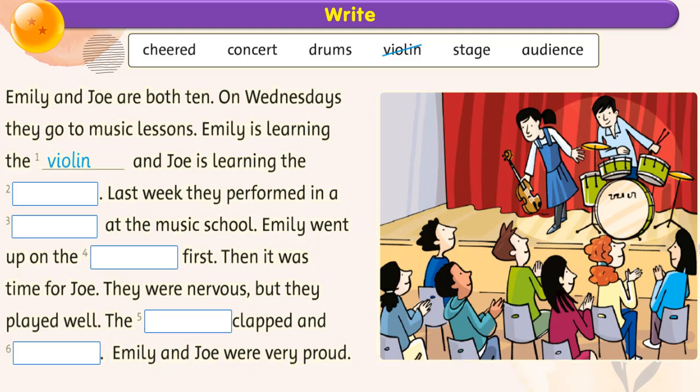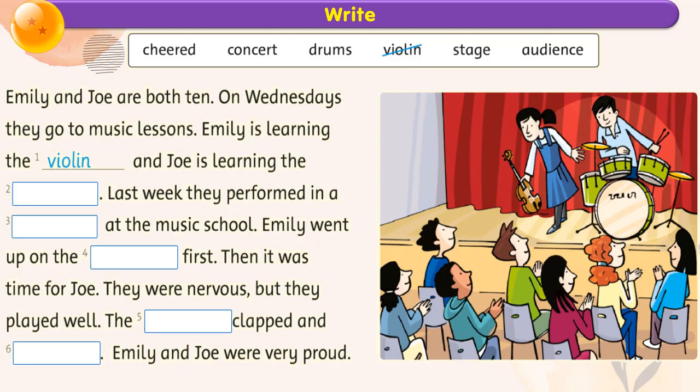Okay, so as the task says, you have to read, choose the correct word, and fill in the blank. Here we have firework, cheer, concert, drum, stage, and audience. So now let's do it with me. Emily and Joey are both 10. On Wednesday, they go to music lesson.